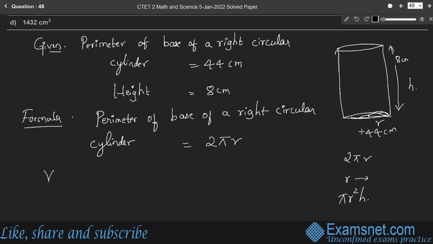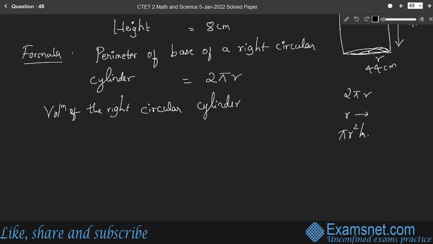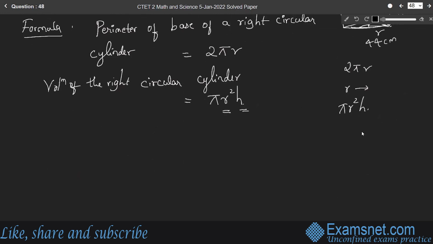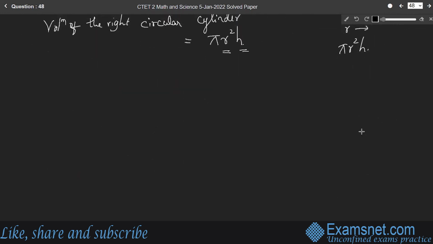And volume of the right circular cylinder is equal to pi r square h, where r is radius of the base of the circular cylinder and h is height of the cylinder. So calculation.